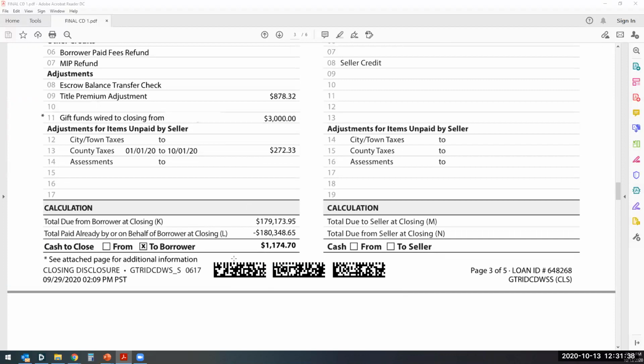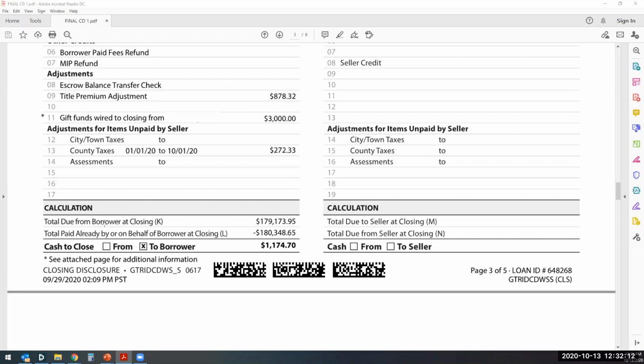So we're giving them a little bit of money back, $1,174. Of course, this is not something that we see every day because we don't see a lot of gift funds and a lot of seller credits, right? We don't see them very often, and so we don't see a lot of borrowers getting money back. So this was a really nice deal for the borrower here. But most of the time we're going to see cash to close from the borrower. So most of the time the borrower needs to bring that cash to close.